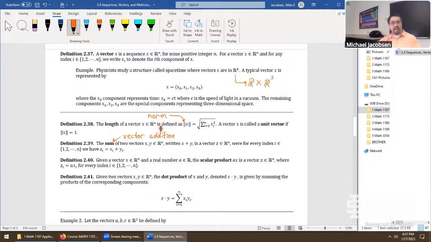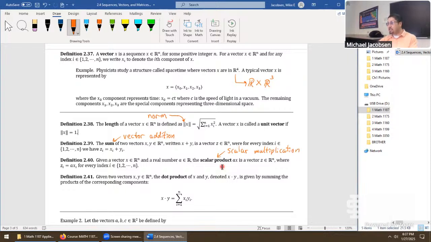As opposed to addition, we have a couple ways to multiply vectors. The scalar product, or scalar multiplication, is not really taking a vector times a vector.